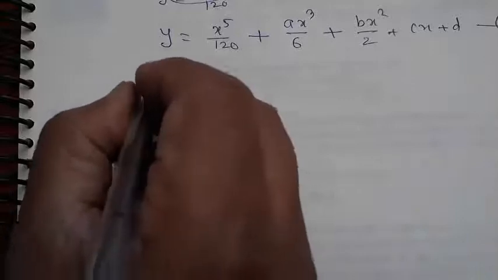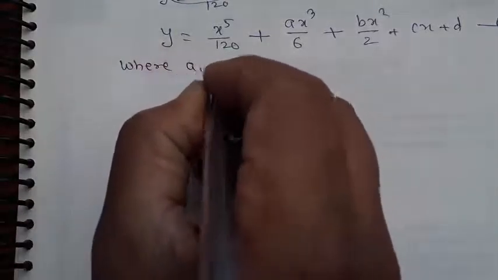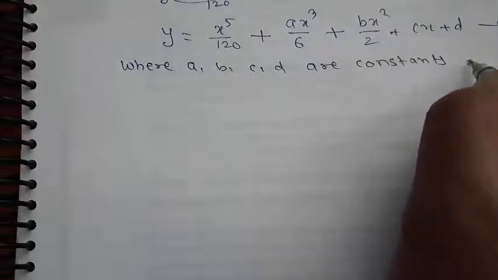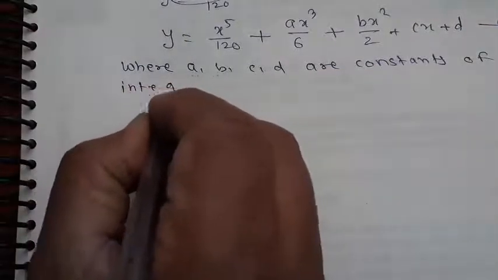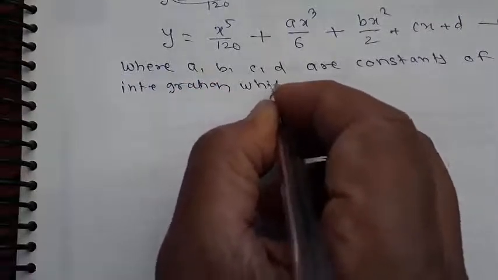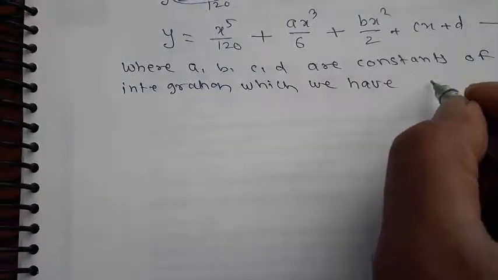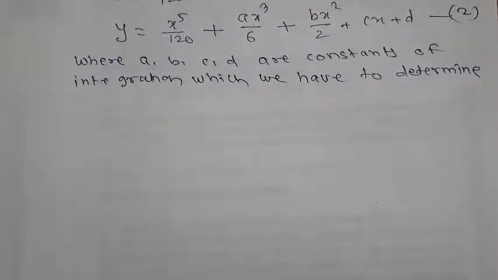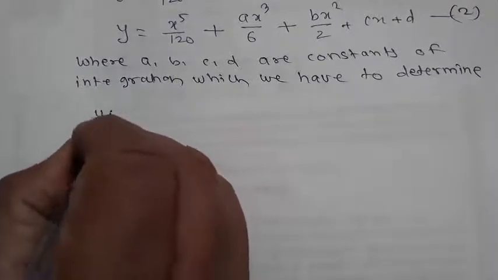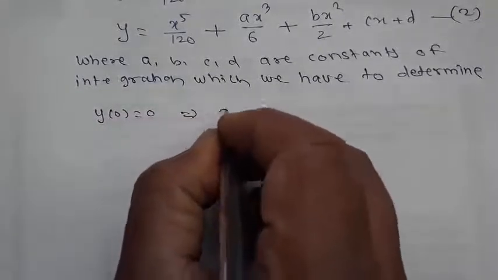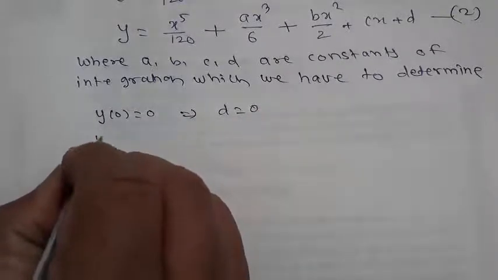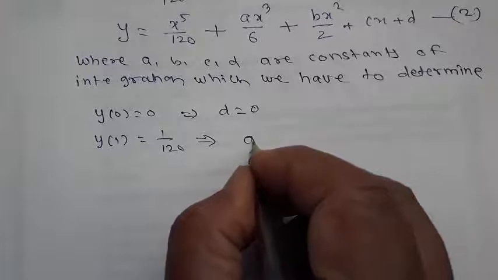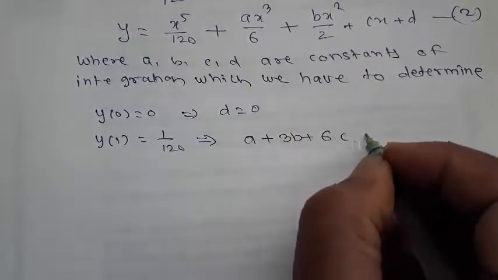This is the solution, where a, b, c and d are constants of integration which we have to determine. y at 0 equal to 0 implies d equal to 0. y at 1 equal to 1 by 120 implies a plus 3b plus 6c equal to 0.